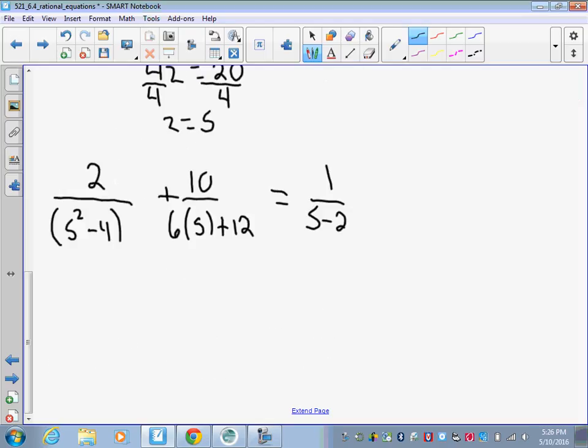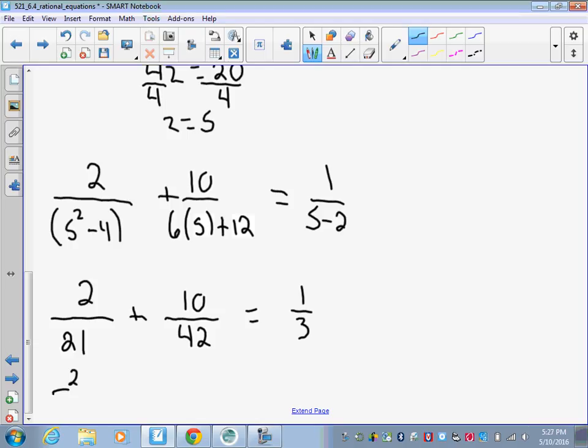All right. 2 divided by 5 squared is 25 minus 4 is 21 plus 10 over 30 plus 12 is 42 and 1/3. So let's reduce this down. These can both be divided by 2.